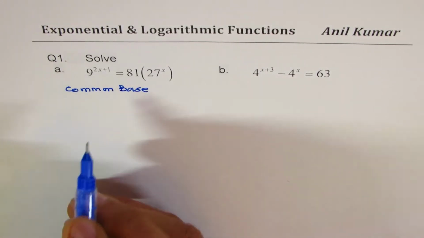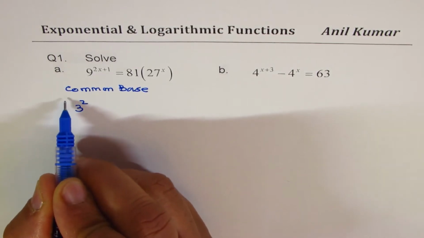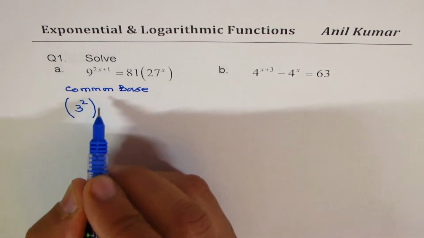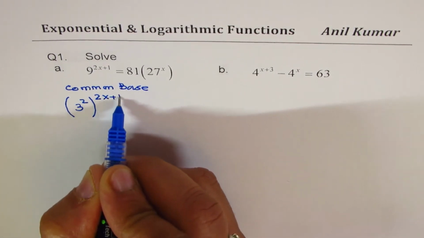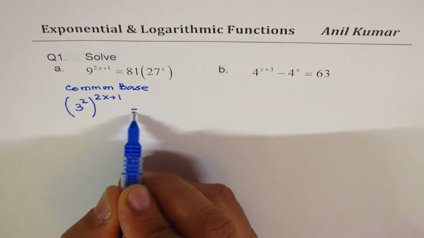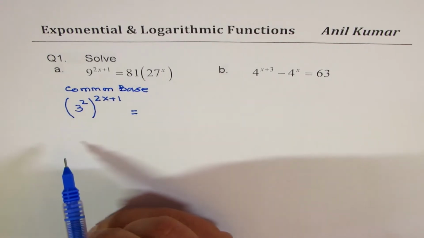So I could write 9 as 3 square. And what we have here is 9 to the power of 2x plus 1. So I'll write this as 3 square to the power of 2x plus 1. On the right side, I have 81 times 27 to the power of x.